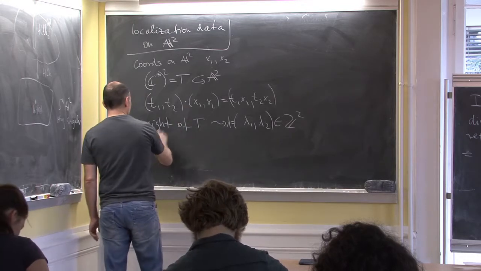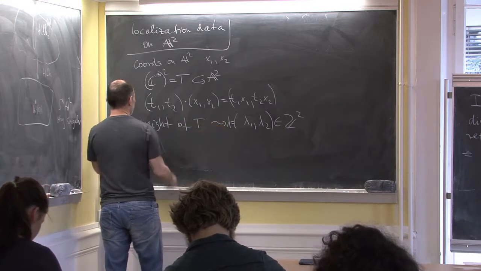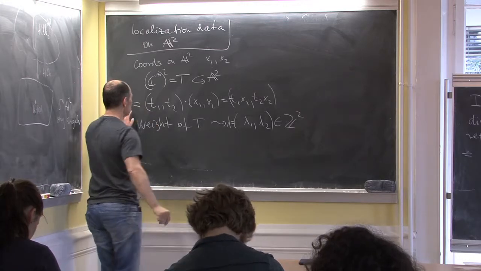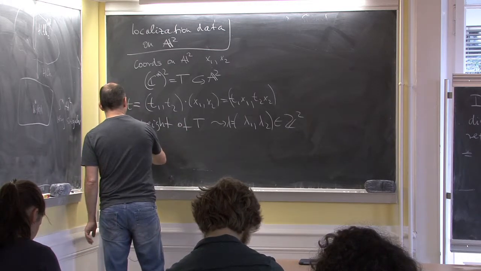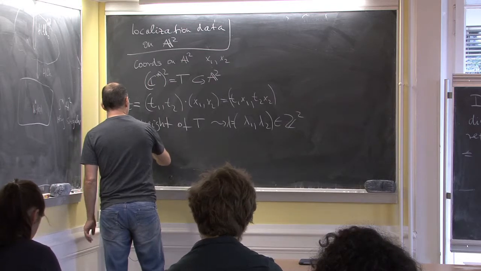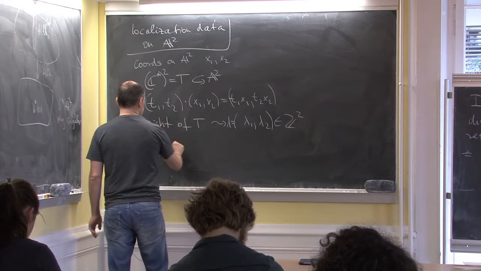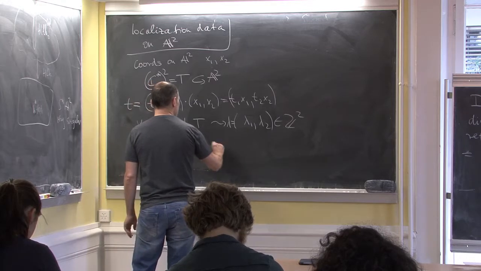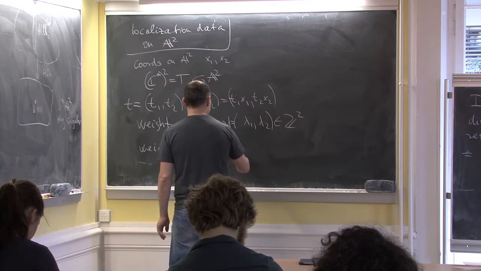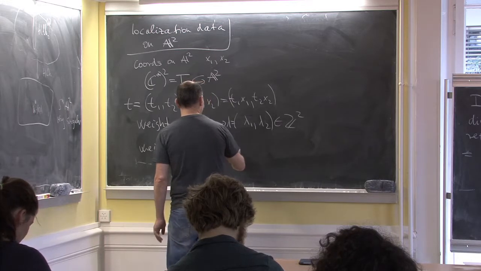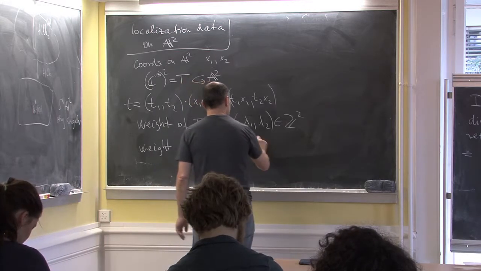Roughly, well, not roughly, just in somewhat more efficient notation, I'll call this element T. Then I can say that the weight lambda gives rise to a homomorphism T to C star.